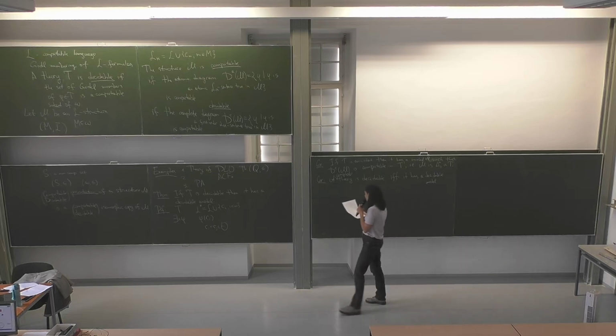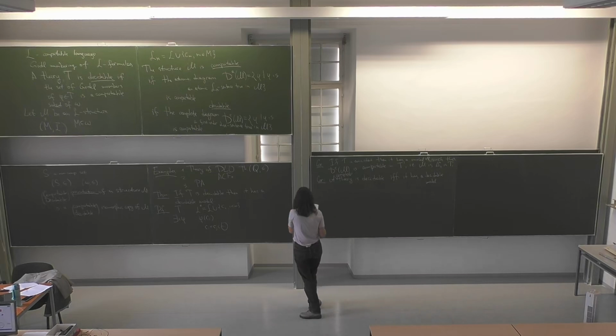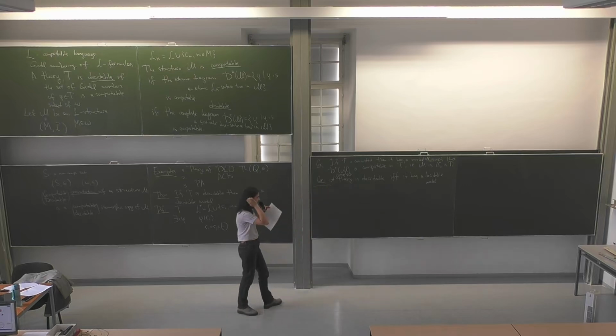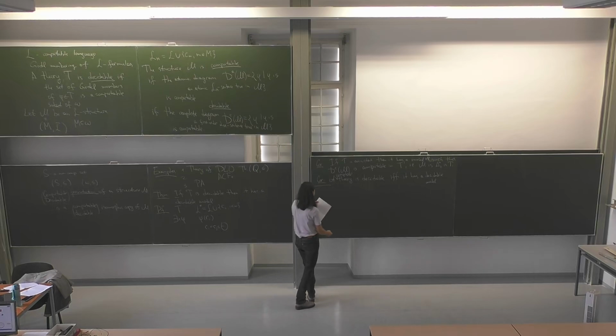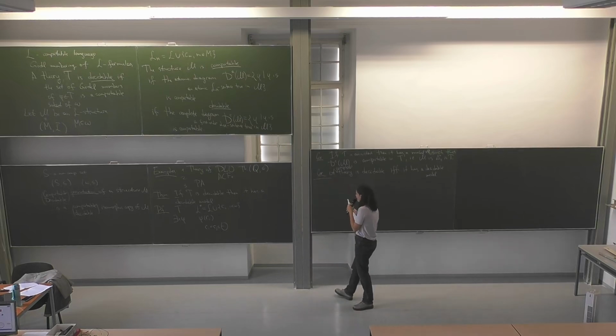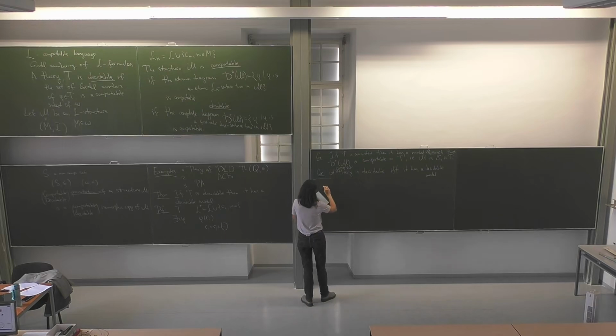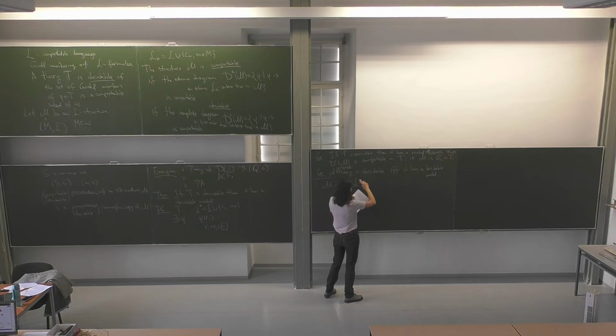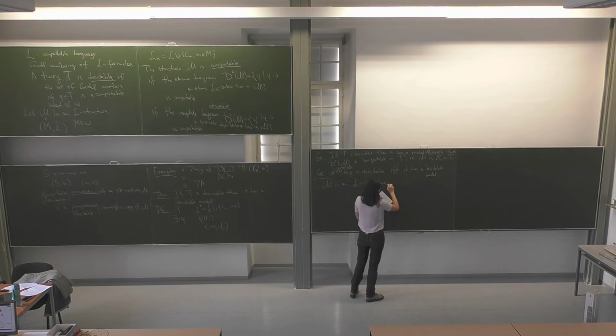Okay, fine. So now let's talk a bit about realizing and omitting types in an effective way. Let me recall what types are. So this is a more theoretical definition. Suppose M is a structure in some language L, and suppose A is a subset of the universe M of the structure.